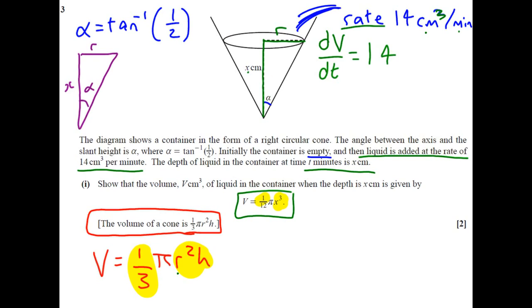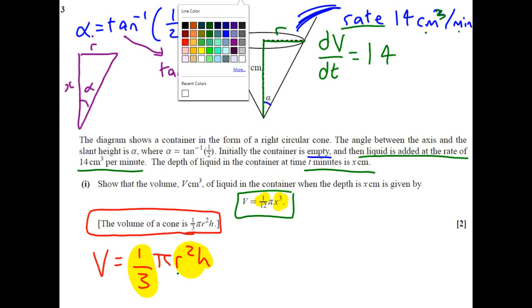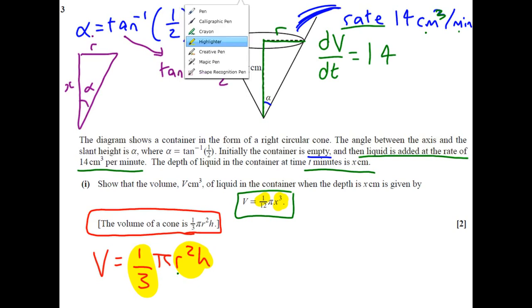Now think about this thing. Tan to minus 1 of a half gives you alpha. That's a strange way to write what we're more used to. Take tan of both sides. Tan alpha is a half. So think about the diagram. That means that tan of your angle is equal to a half. So think of your SOHCAHTOA.